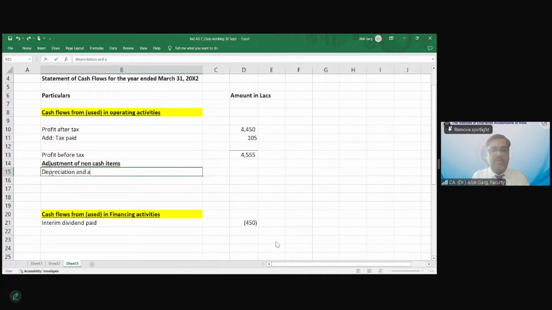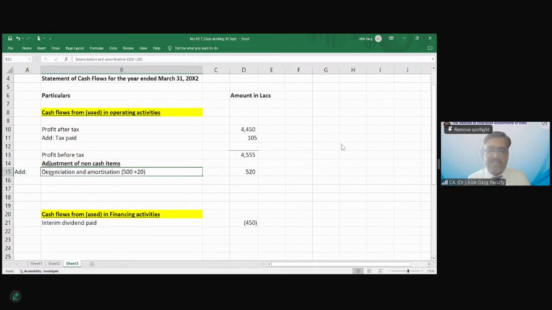What is my depreciation and amortization? 500 is on the PPE and 20 is on intangible assets. So 500 plus 20, 520. What is the sign? Positive. It has to be added. It will increase your cash profit.